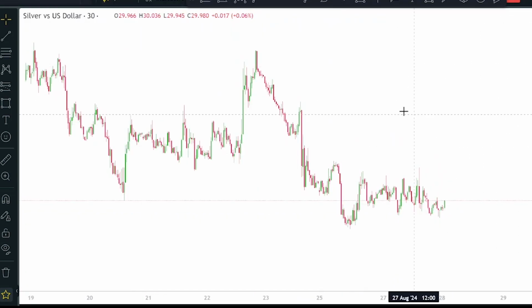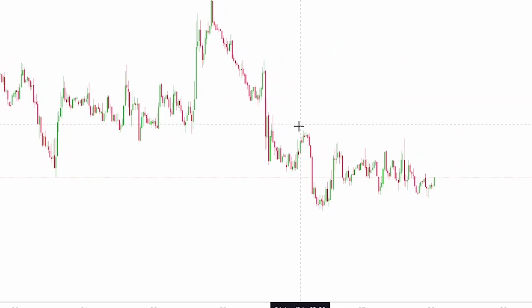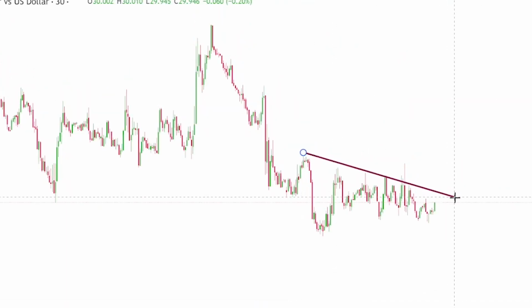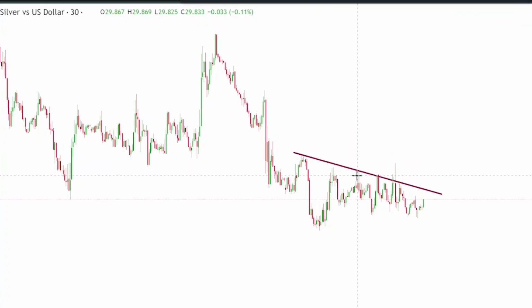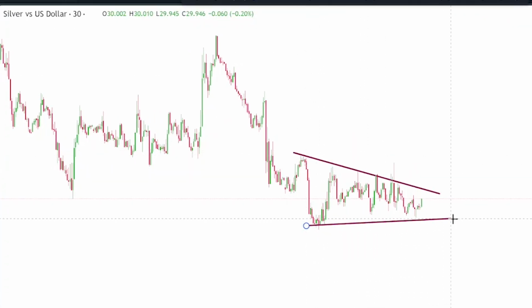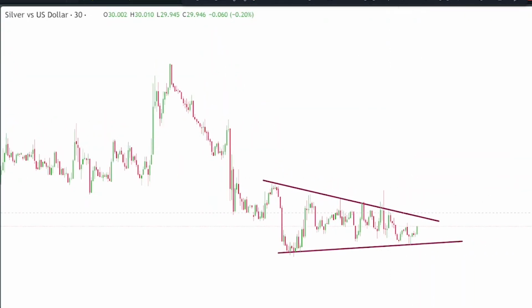Okay, now from here we have the market that is moving down. So we have the formation of a descending triangle. We have these highs and we have lows from this area, from the downside, from the bottom.